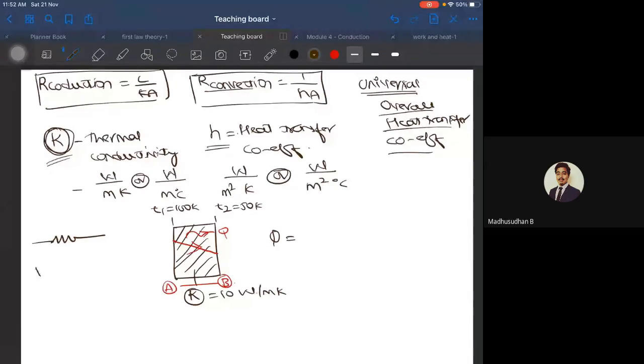I is equal to V by R. I is the amount of current that you want to flow within the system, V is the potential difference across its ends that is driving the current, and R is the resistance which is offered to the flow of current. The same analogy I want you to carry out in this particular case. I want everyone to understand this. This is very, very important. If you understand this, your whole of heat transfer is easy. Same electrical analogy here: in place of current, I have heat. That's it. So what should I do? How do I calculate?